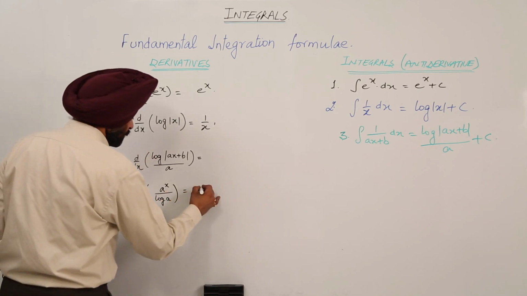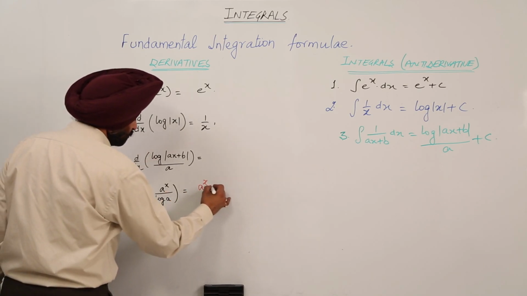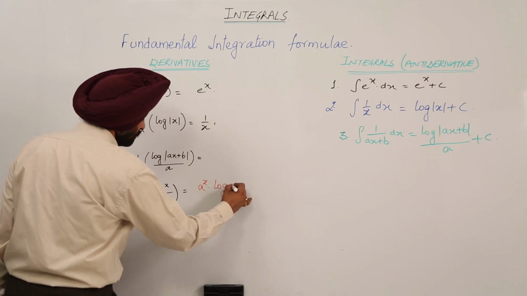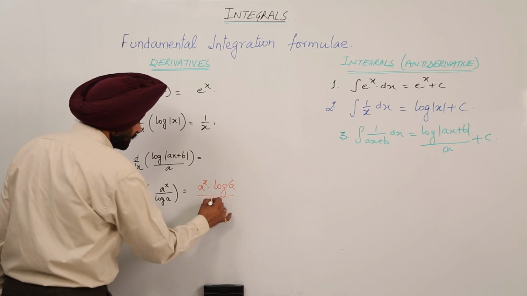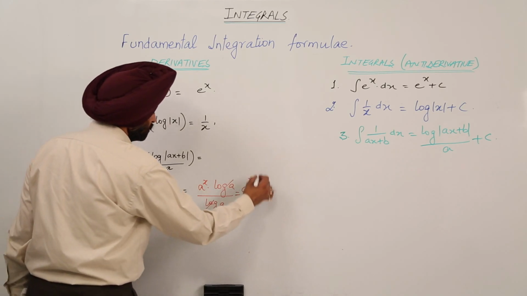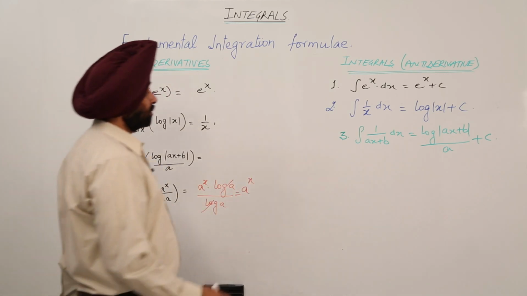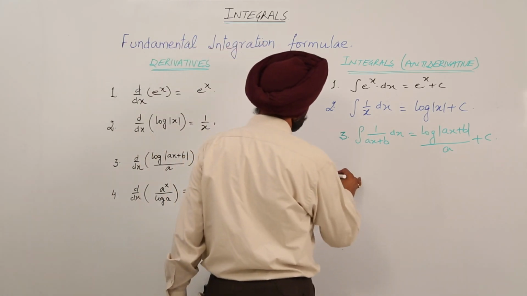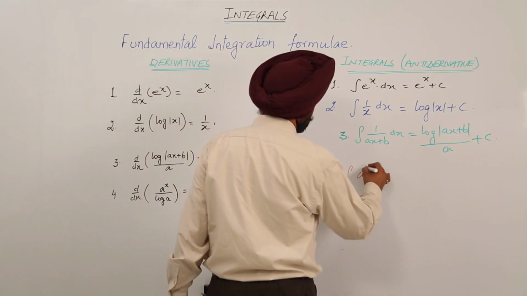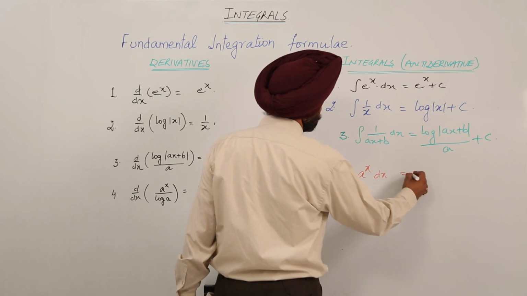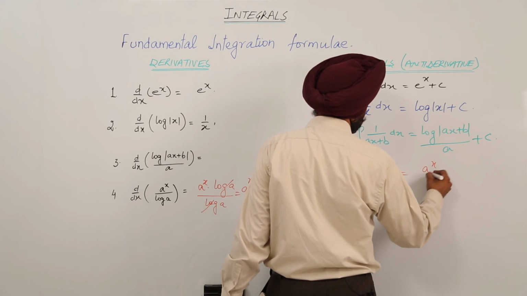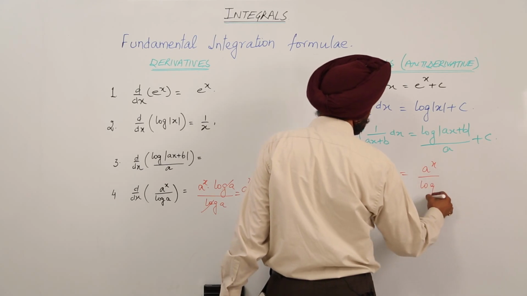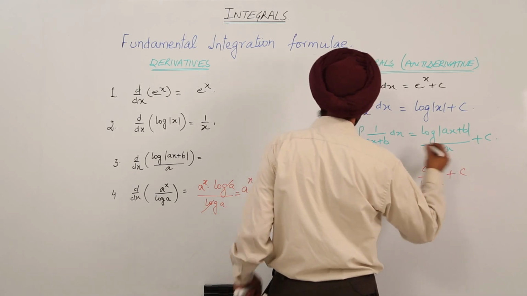So it was a raised to power x with log a upon log a is already given. So this and this cancel. What is left? a raised to power x. So number 4 now, integration of a raised to power x dx is equal to what? a raised to power x upon log a plus c.